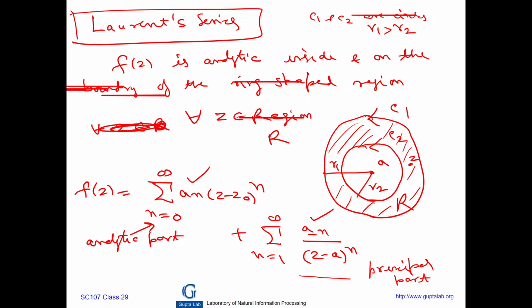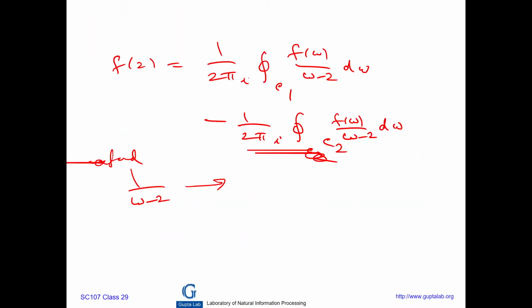Let me give you some examples now. So if f of z is equal to log of 1 plus z, if we want the Taylor series around the point z is equal to 0, so a is equal to 0 here.